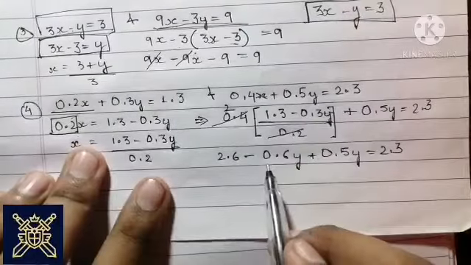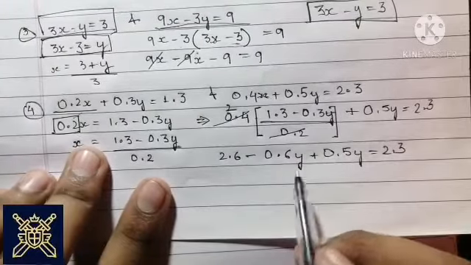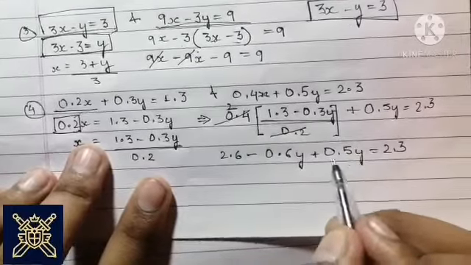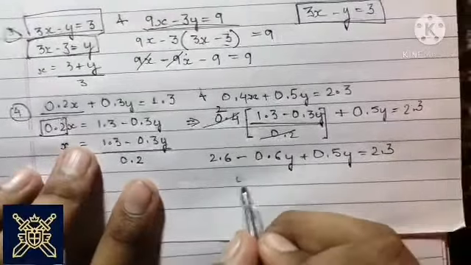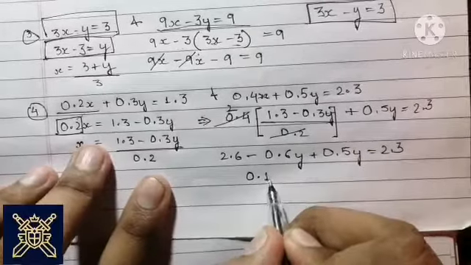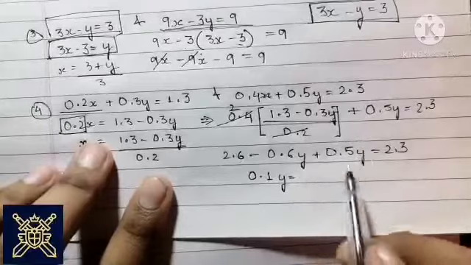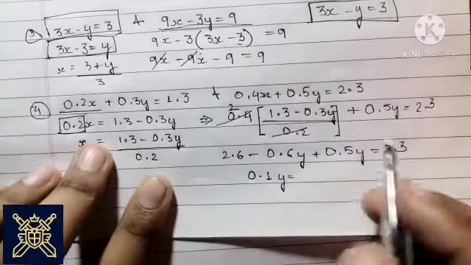Now 0.6 is negative, so you get 0.1y. 0.6 minus 0.5 will give you 0.1y is equal to 2.6 minus 2.3.